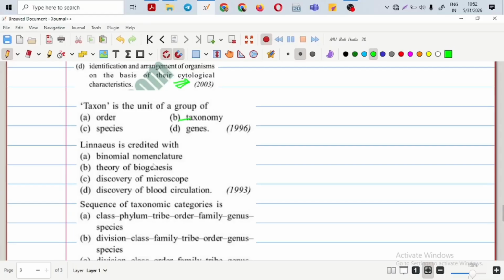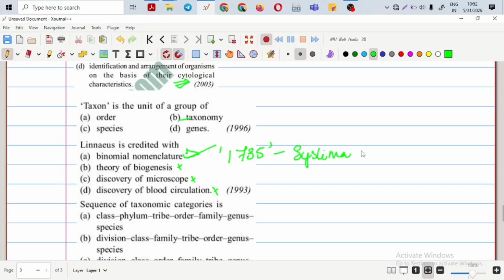Carolus Linnaeus is credited with the binomial nomenclature. That is true. It is not theory of biogenesis, it is not discovery of microscope, it is not blood circulation, it is binomial nomenclature. And the year is important, 1735. He gave the name in the book Systema Naturae.